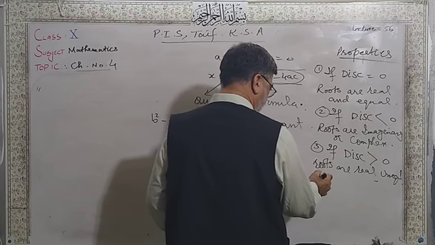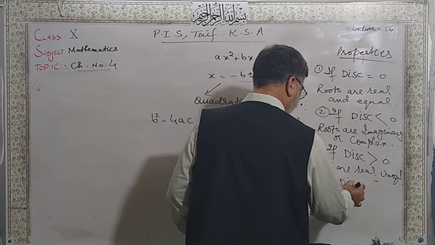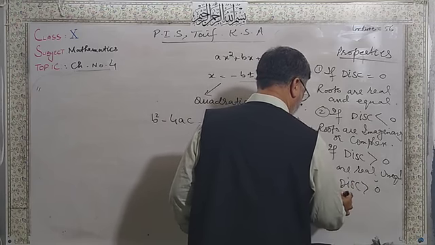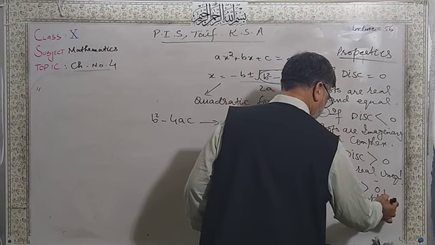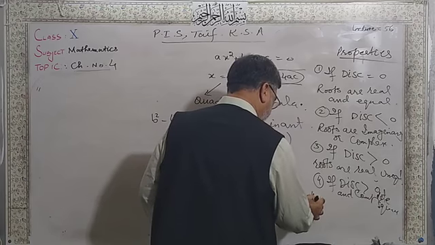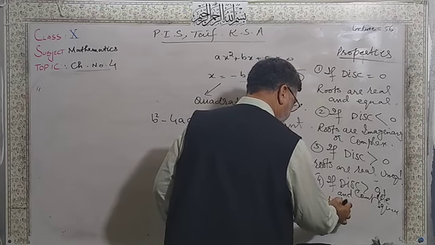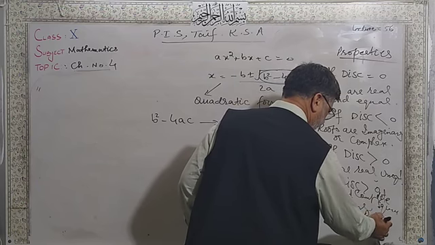And after that, number 4, if disc is greater than 0 and a complete square, then roots are rational.